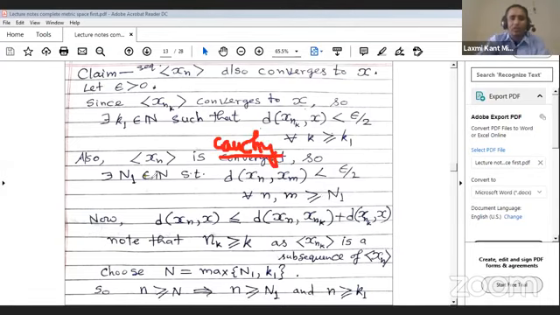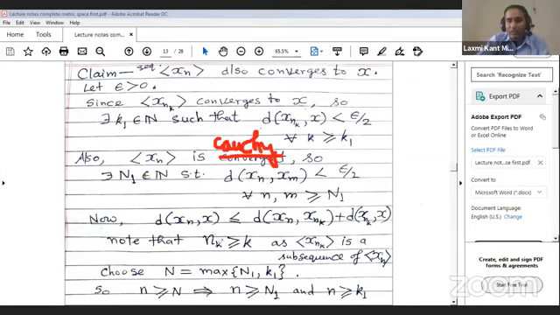Okay. So since xn is a Cauchy sequence, there exists a natural number N1 such that the distance between xn and xm is less than epsilon by 2 for every n and m greater than or equal to capital N1. But we know that by the triangle inequality, the distance between xn and x is less than or equal to this much.